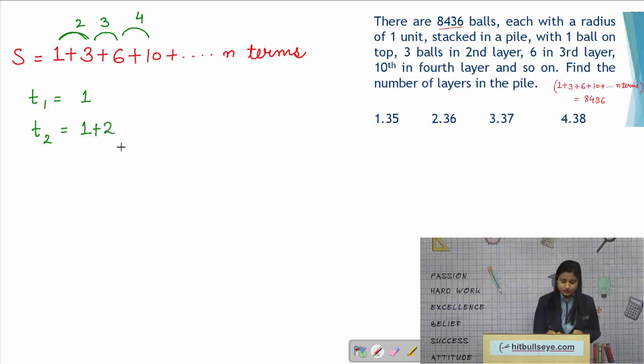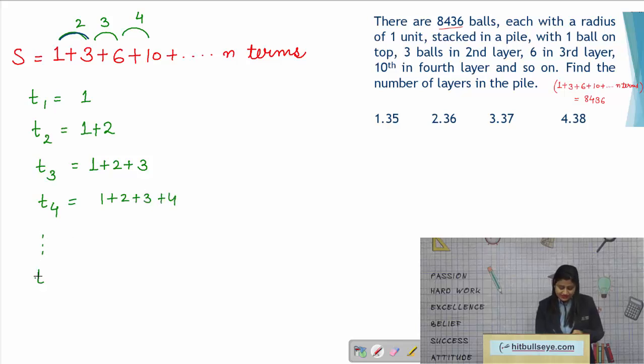We are adding 2 to the first term. Then we have T3, that is 1 plus 2 plus 3. Then we have T4, which is 1 plus 2 plus 3 plus 4. So by generalizing, we can say that Tn will be nothing but summation n.